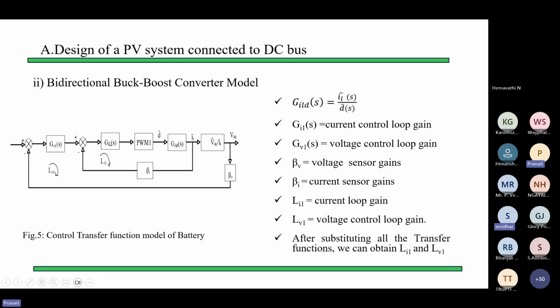This is the current control loop gain. This is the voltage control loop gain. Instead of this transfer function, I have written this one. Then after substituting all the transfer functions, we can obtain the inner current control loop and the outer voltage control loop.